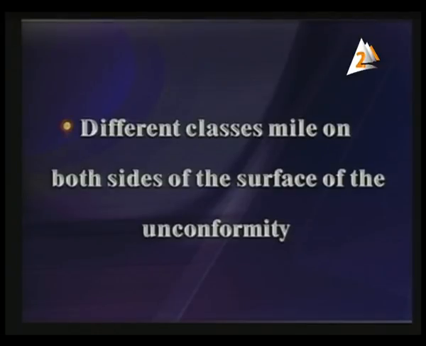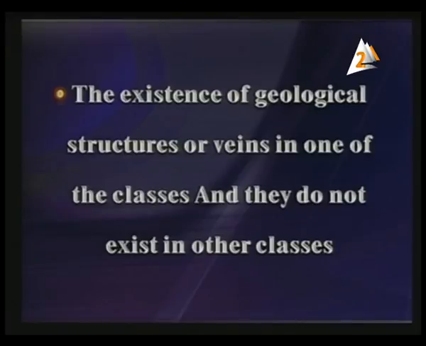So this is an important evidence to recognize the unconformity surface. Also, we have the existence of geological structures or veins in one of the lithofacies, and they do not exist in the other lithofacies.